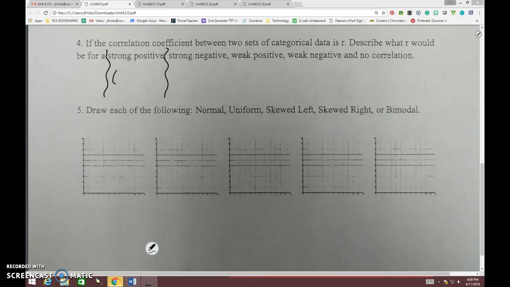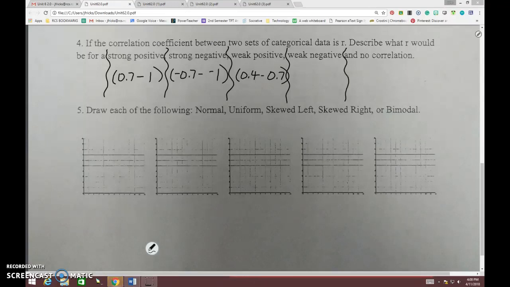Strong positive just means that it's going to be the numbers from 0.7 all the way to positive 1. Strong negative is when they are negative, so that would be everything from negative 0.7 to negative 1. Weak positive is going to be whenever the numbers are from 0.4 to 0.7.